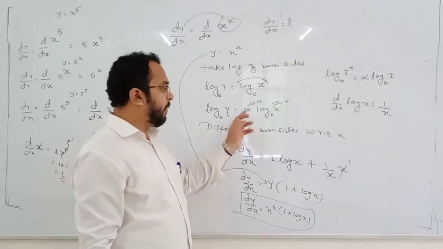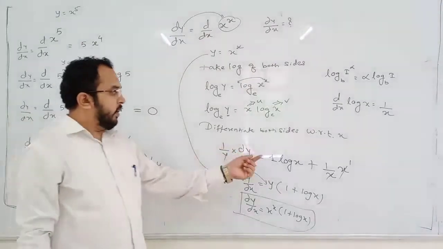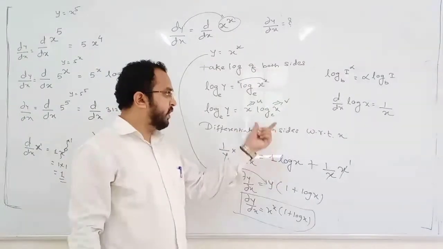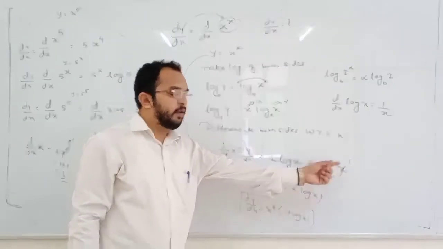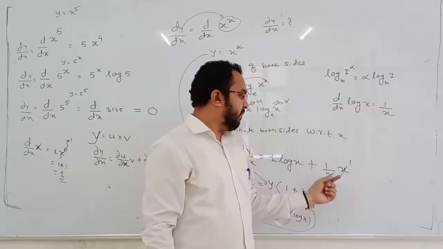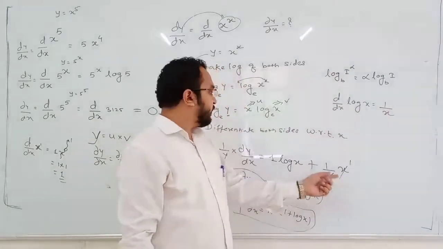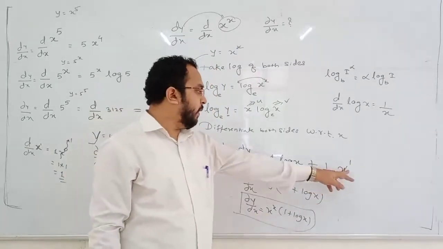What is the differentiation of x? Differentiation of x is 1. Differentiation of first function, second function as it is, plus differentiation of second, first function as it is. What is the differentiation of log x? It is 1 by x. This time, first function as it is, x as it is. x cancel each other. It will be 1 plus log x.